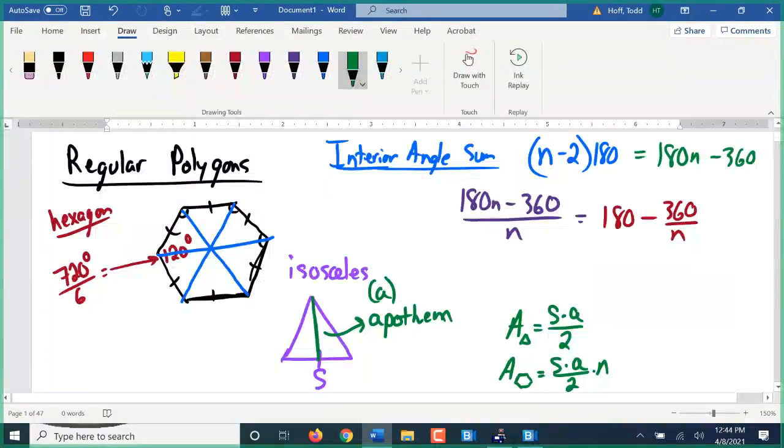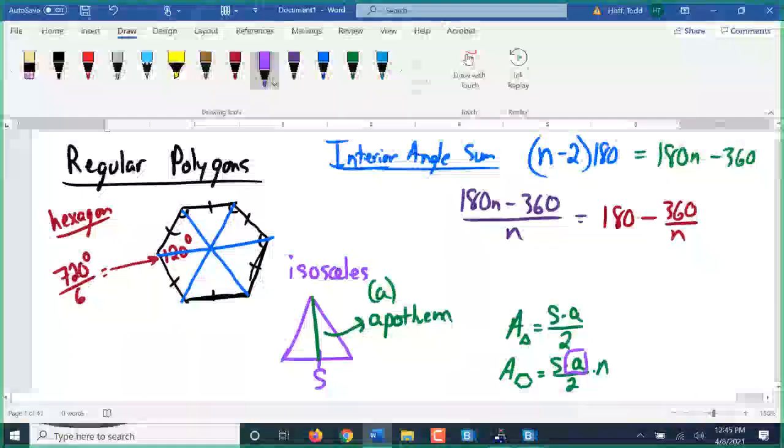So for a hexagon, n would be 6. For octagon, n would be 8, whatever our figure is. So what we want to do is we want to look for a way to define A in terms of S and N and simplify our calculation a lot here.